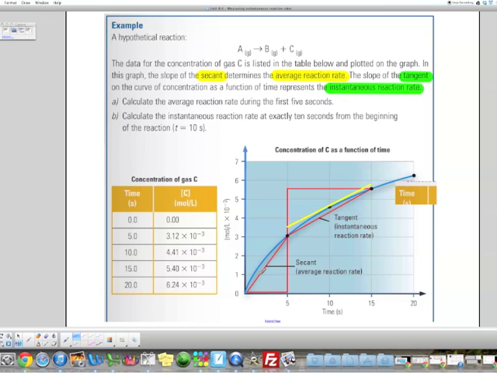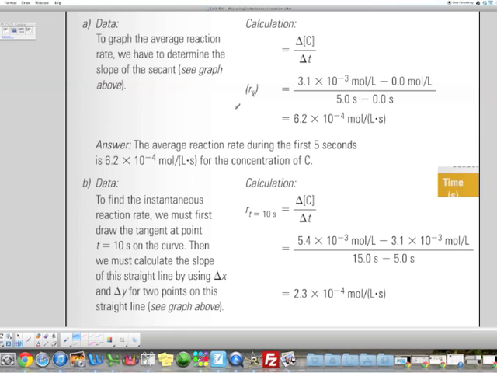That's what they did over here. They showed you the secant from time 0 to time 5, drew the secant, drew the triangle, and then they're going to calculate the average rate of reaction. At 5 seconds, I have 3 mole per liter of that gas, and at time 0, I have 0 mole per liter of that gas. If I look at the calculation on the next page, I'll do delta concentration over delta time.